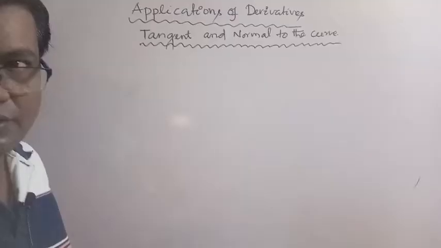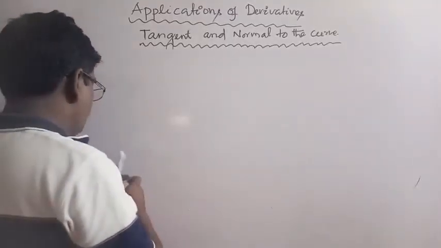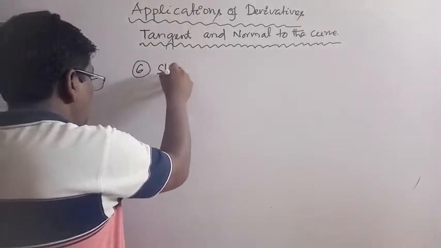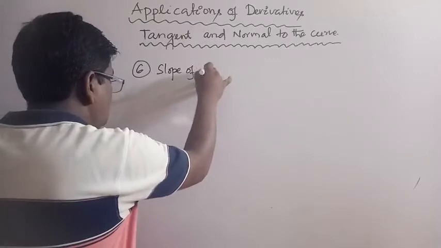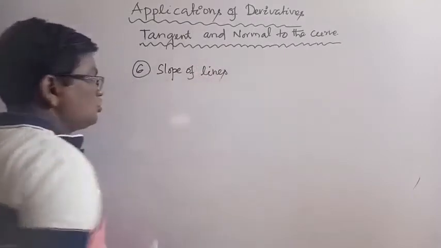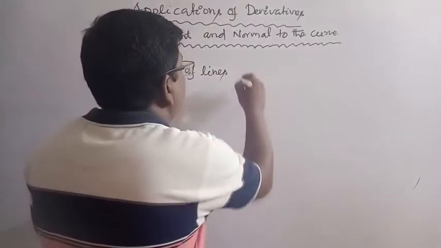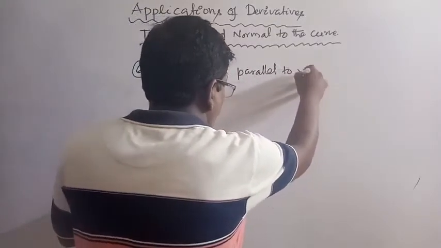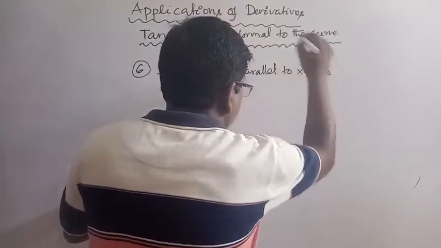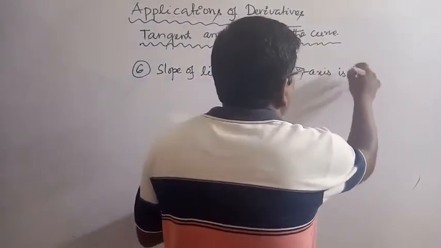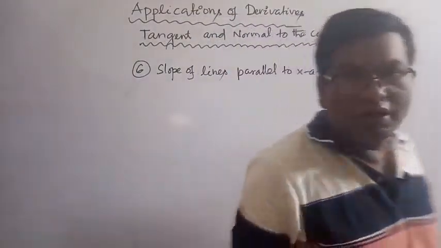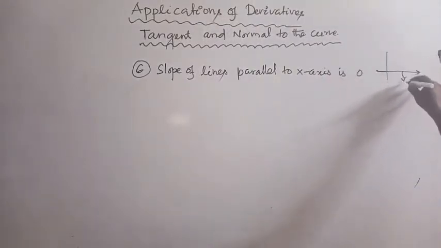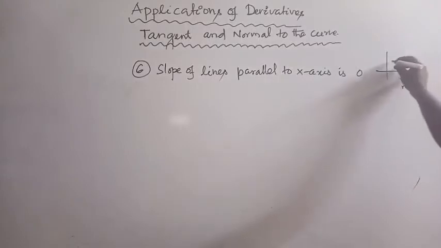Okay. Number 6, notes. The slope of lines parallel to the x-axis is 0, because this is the x-axis and its slope is m equal to 0.